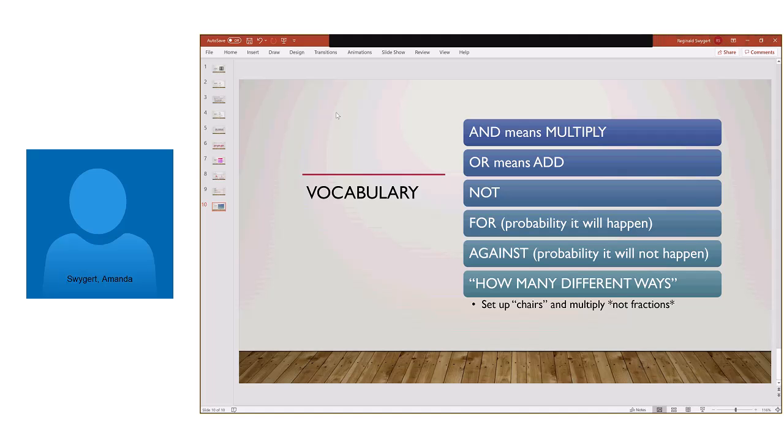I'll give you a sec, and then I'll pull up the whiteboard. All right, the whiteboard should be coming up in just a sec.